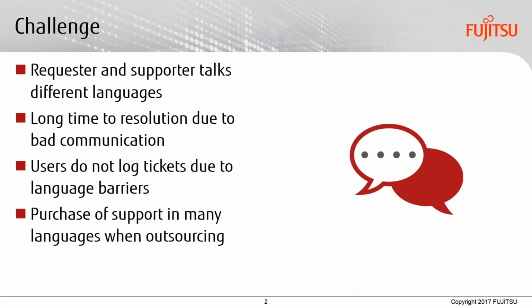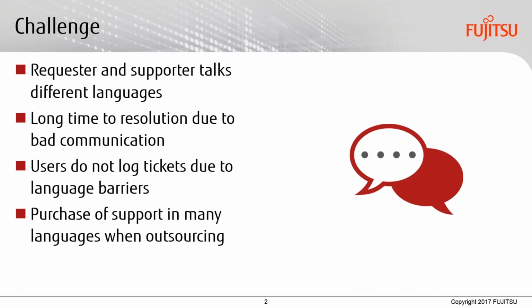The last one is that when you, for example, are outsourcing your IT or your general global business support services like finance or HR and so on, you will very often outsource this to an external party. But purchasing support in many languages will also be very expensive.